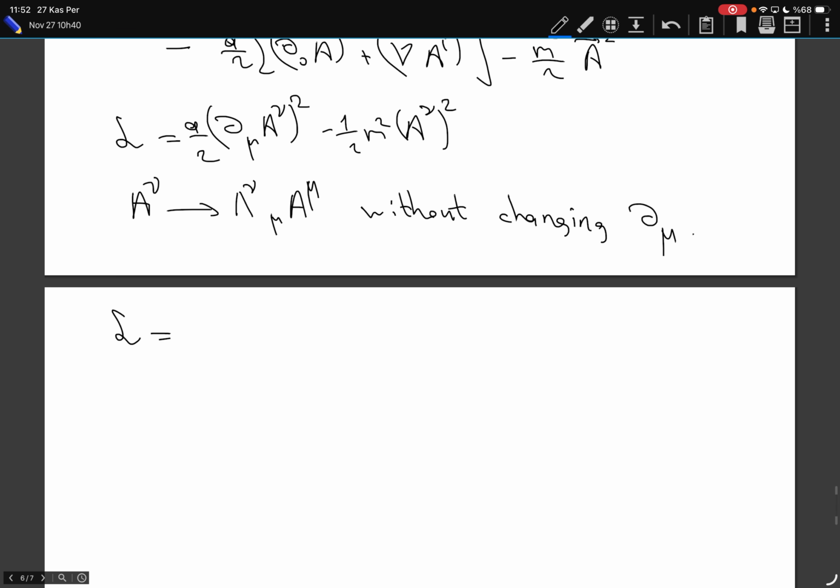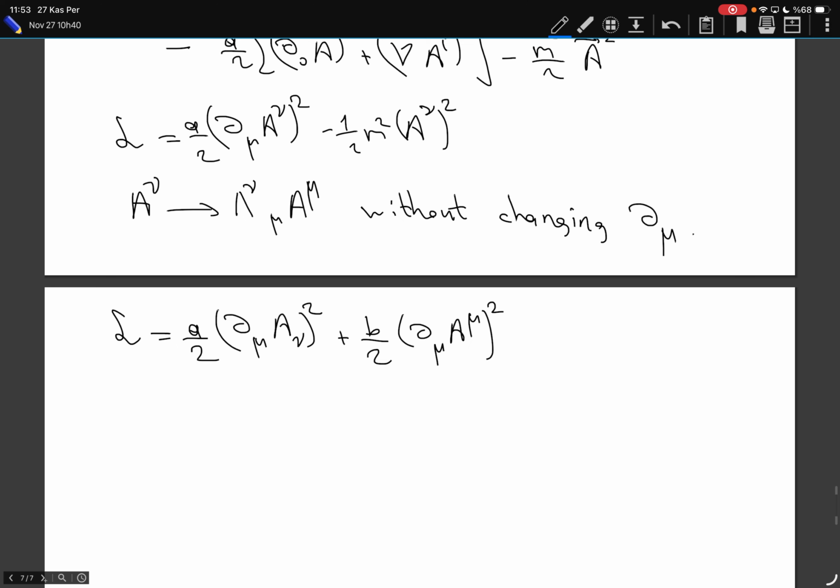There is one. This is the one that I had written. But there's another one. This term also satisfies all the criteria I require from a kinetic term.